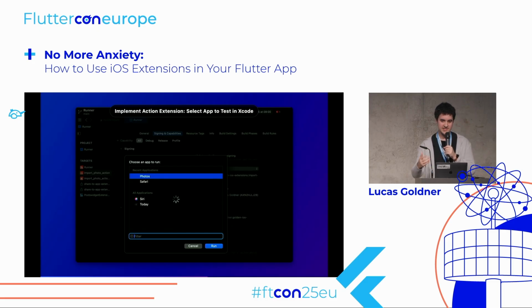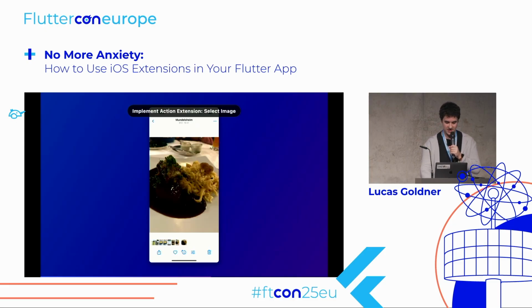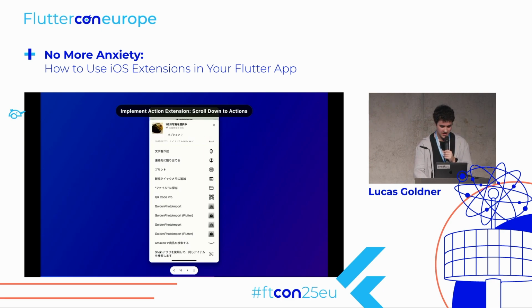Since we are testing with photos, I decided to use the Photos app, and then the simulator or your device will not run your Flutter app, but the Photos app with the extension already loaded to test. In this case, I had a very delicious meal some days ago, which I tested it with. And then I press on the share button, which then will trigger the share sheet. And inside of here, you can see I developed a lot of extensions. And in this case, the Golden Photo Import extension.